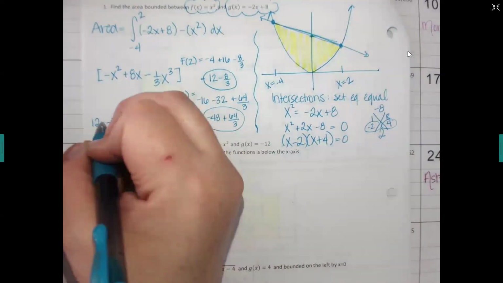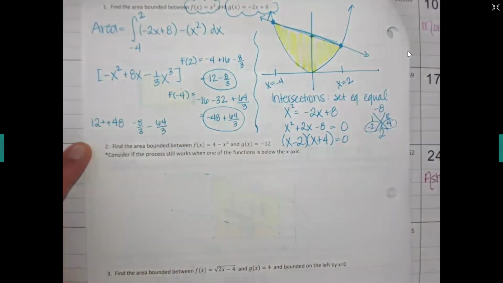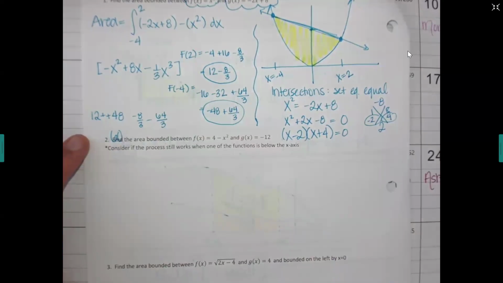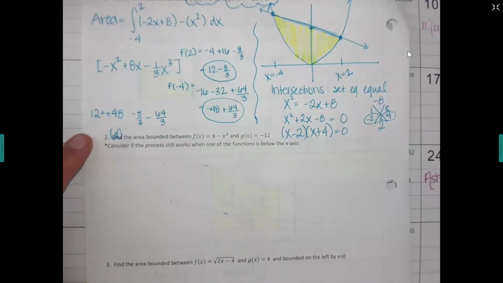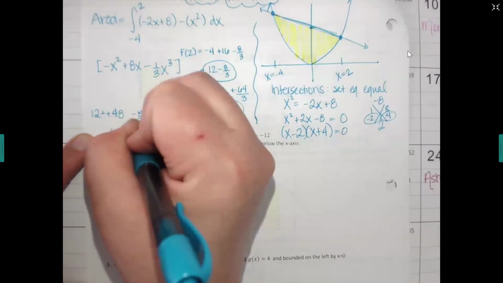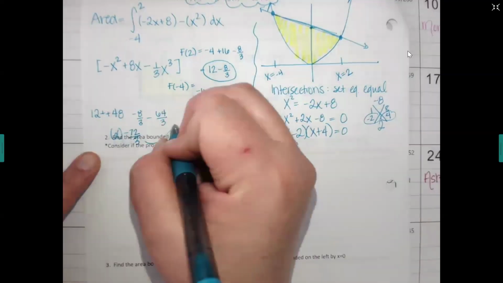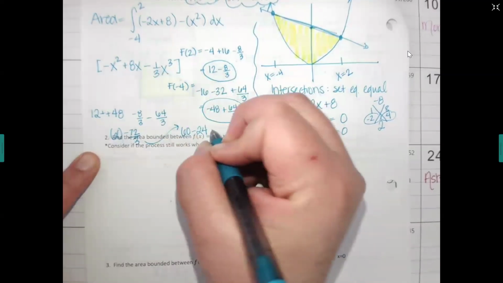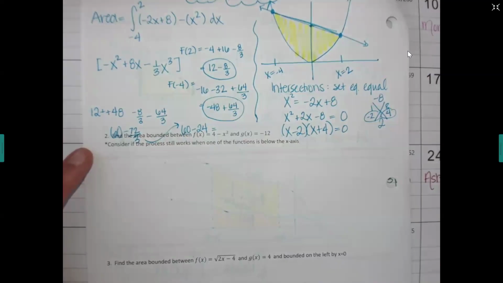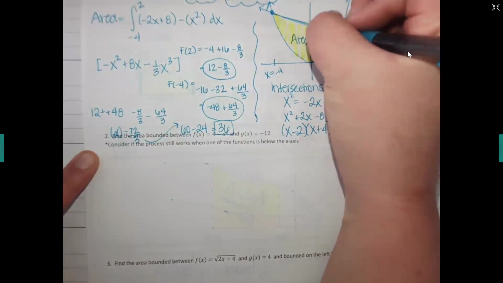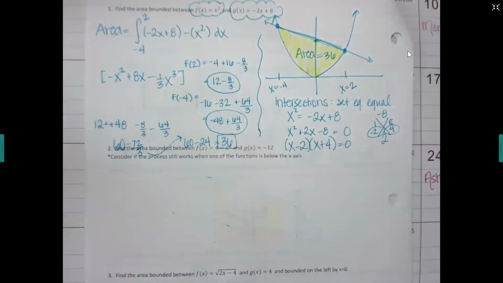Minus a negative is going to go plus. 12 plus 48, how many is that? 60. And then if I have a minus 8 thirds minus 64 more thirds, how many is that? 72 thirds. But now 72 can divide by 3. That's going to give me 24. So we'll have 60 minus 24, which would be 36. So the total area trapped between those two curves would be 36 units.